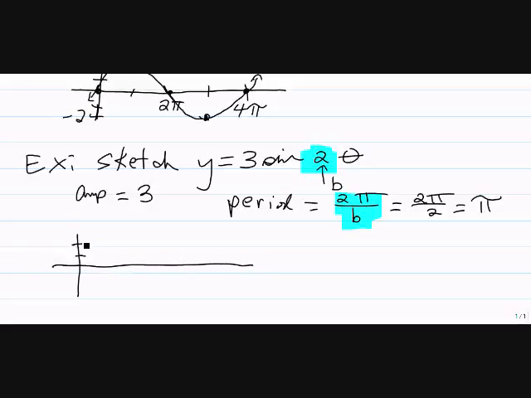All right, I got an amplitude of 3. So we'll be going between 3 and negative 3. My period is pi. So let me mark pi over here on my graph. Let me go halfway. And that's pi over 2. And sine starts at the origin. A quarter of the way through the graph, it goes to its maximum.